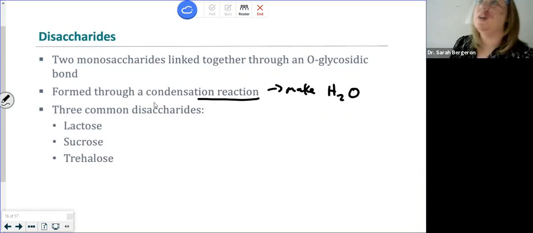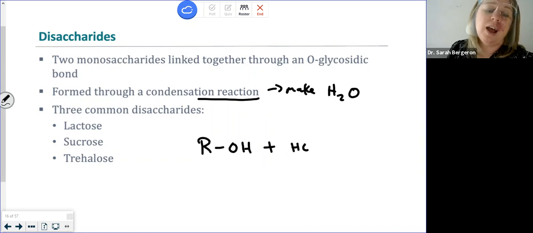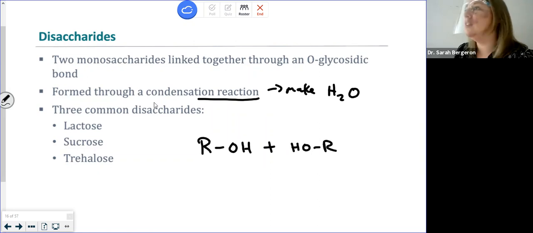Why do you make water? Because you're starting with something that has a hydroxyl, right? You're adding something else that has a hydroxyl. Doesn't matter what it is. This is general condensation reactions. What happens?